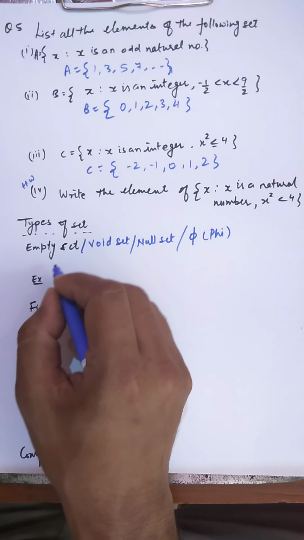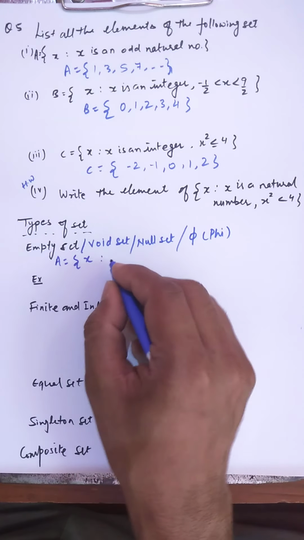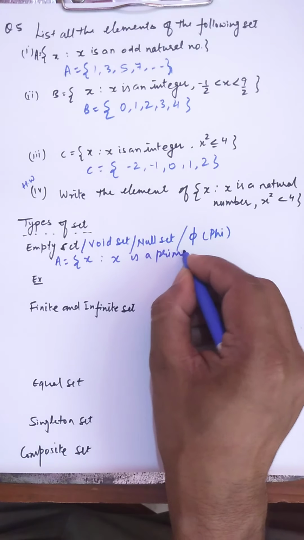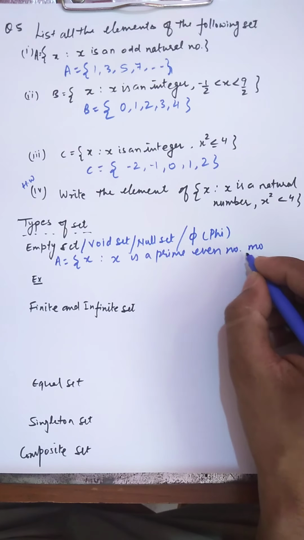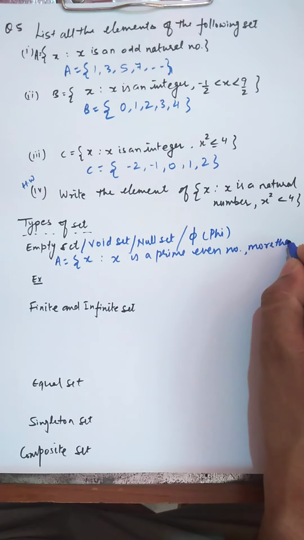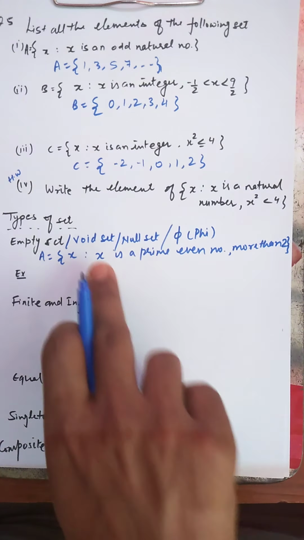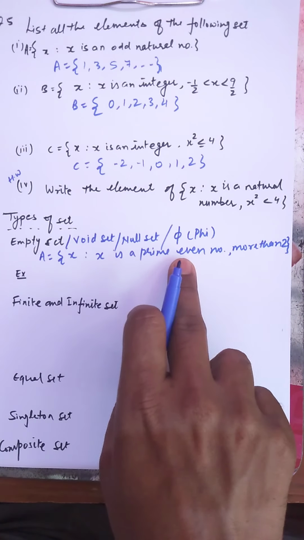So if I write a set A, x is a prime even number more than 2. I have written this statement that x is an element and x is a prime even number.